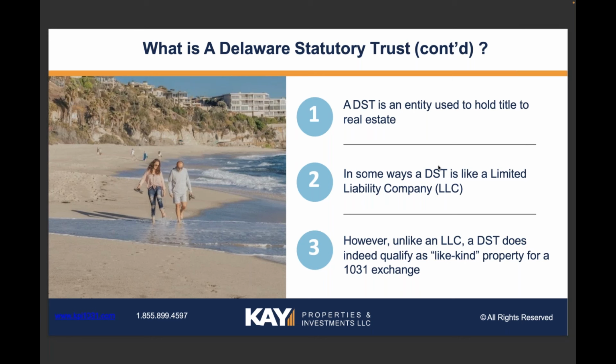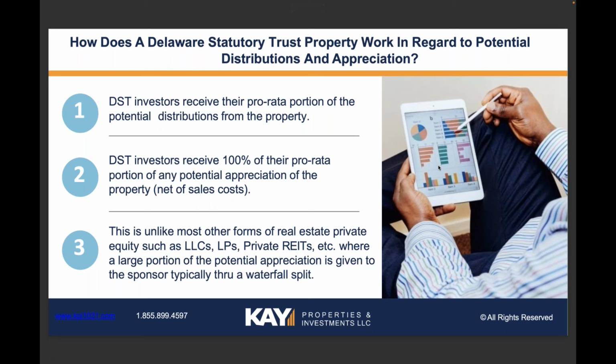So unlike an LLC, though, a DST does indeed qualify as like-kind property for a 1031 exchange. And again, that was through that IRS revenue ruling 2004-86, stating that a properly structured Delaware statutory trust would indeed qualify as like-kind. So how would a Delaware statutory trust property work in regards to potential distributions and potential appreciation for investors?